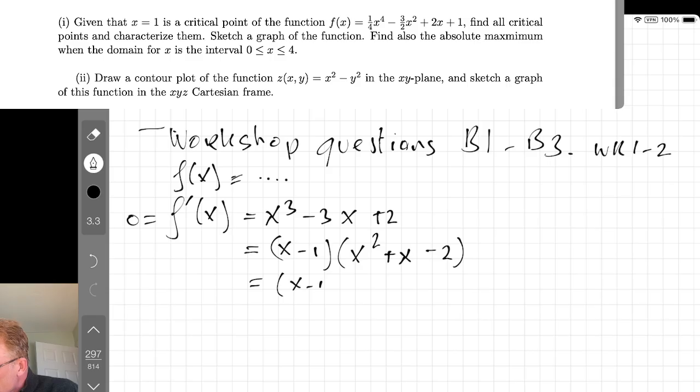We can factor this out as x minus 1 times x plus 2. Is that correct? So that's x squared minus x plus 2x minus 2. So that means that the roots are x is 1, 2 times, and then x is minus 2 are the critical points.